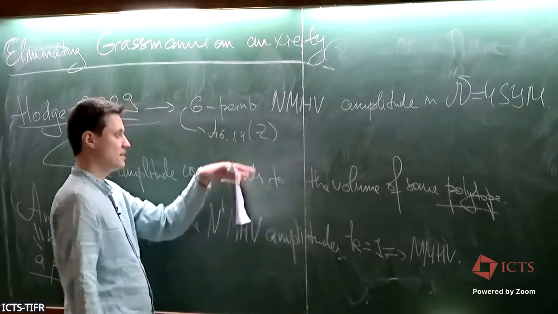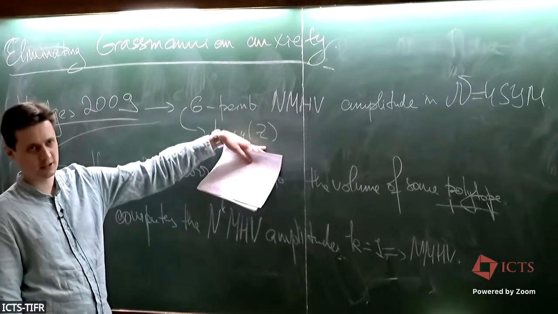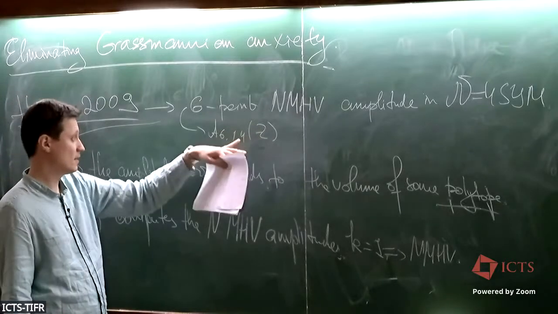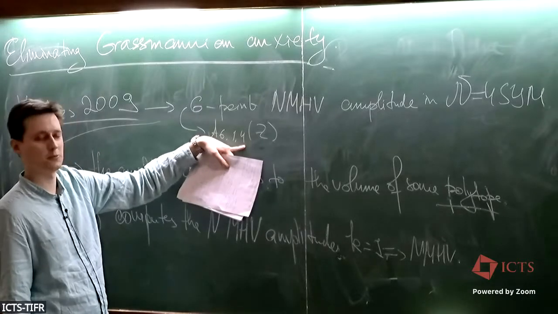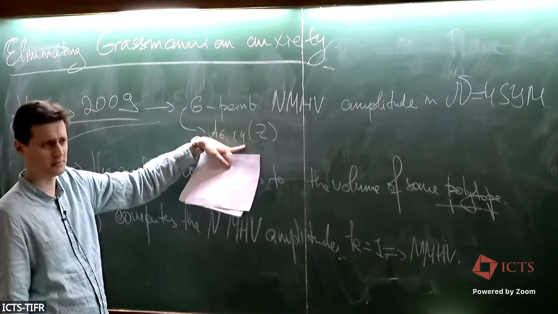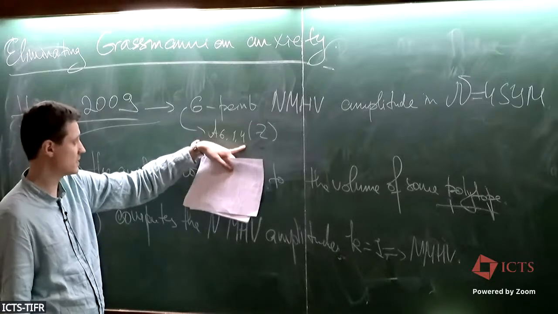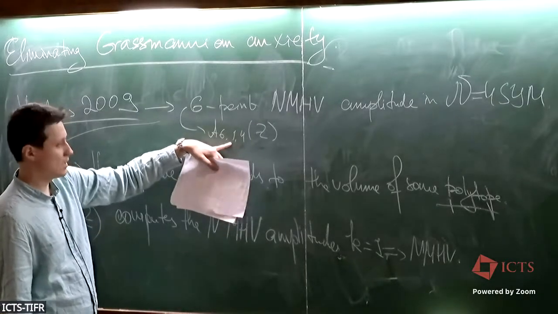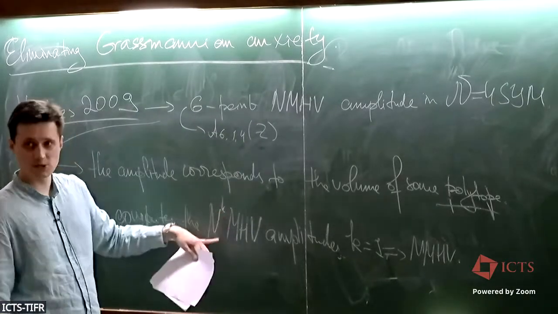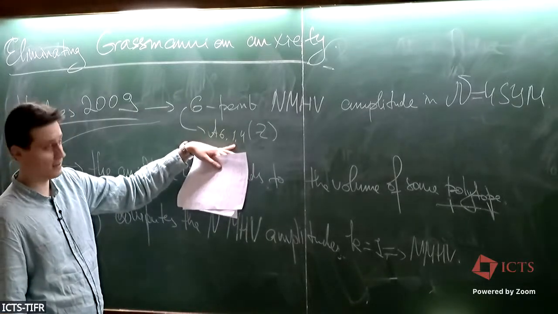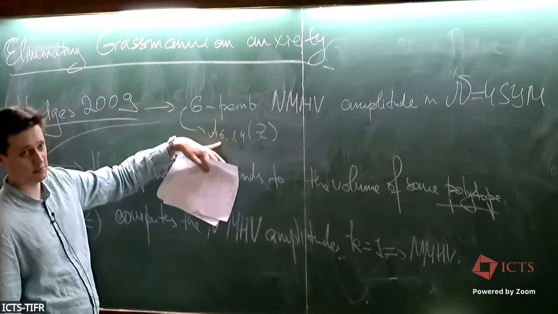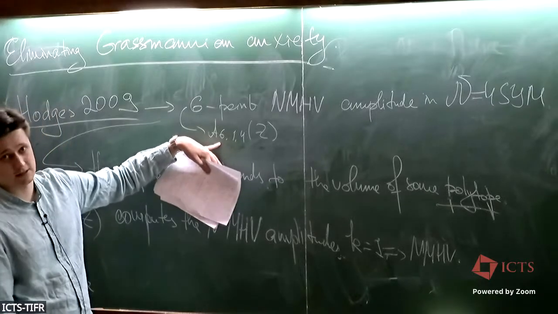This matrix Z encodes the kinematic data in momentum twistor space. 4 is the dimension of the momentum twistor space plus 1, which is kind of the same as the dimension of the space-time. K is this k in N^kMHV, so this defines how many of your gluons have negative helicity, and this number n is the number of particles that you scatter.